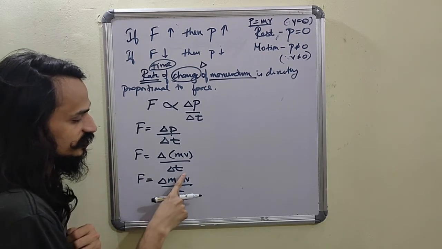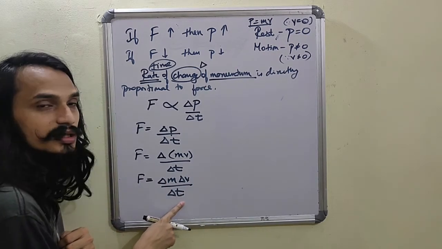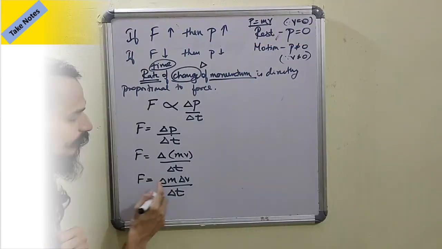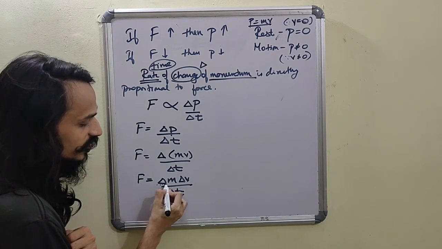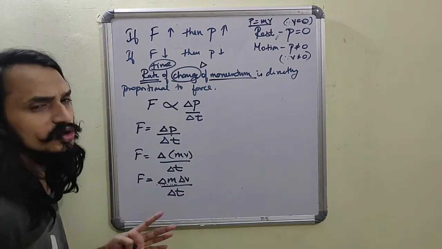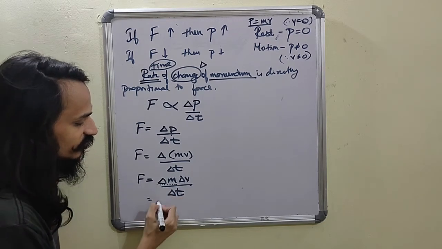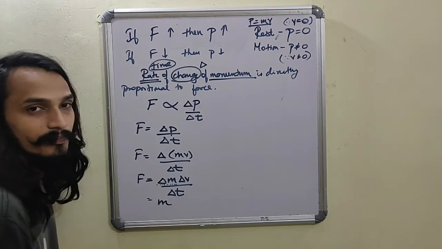Change in mass, change in velocity divided by change in time. But like we already discussed, mass does not change for an object usually, right? So instead of delta m, I'll simply write m.